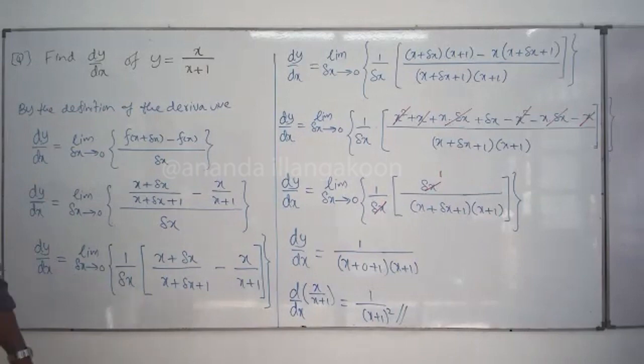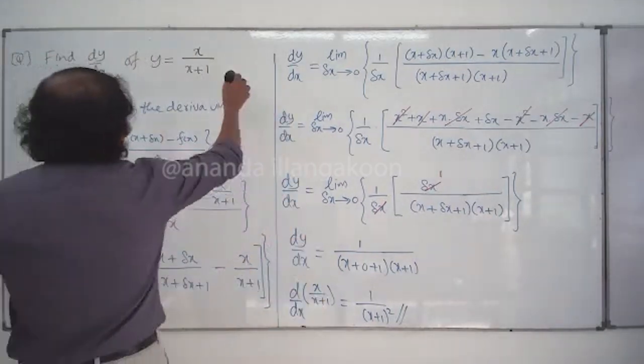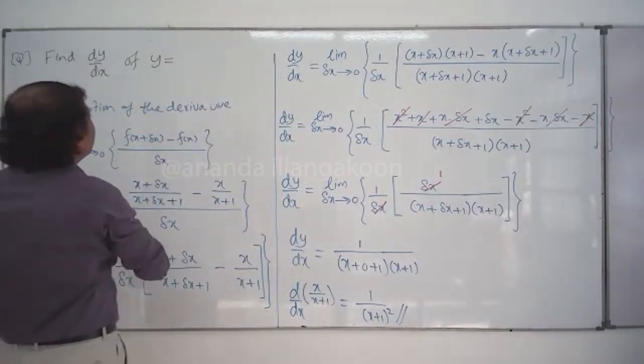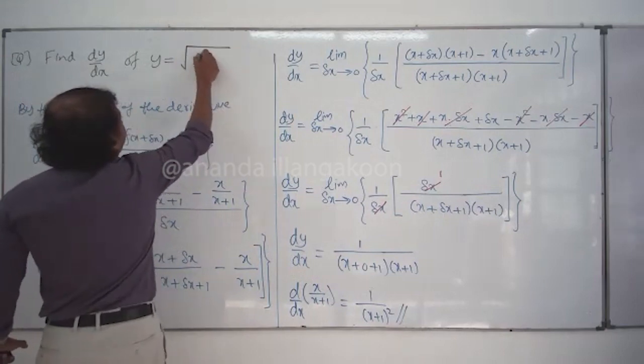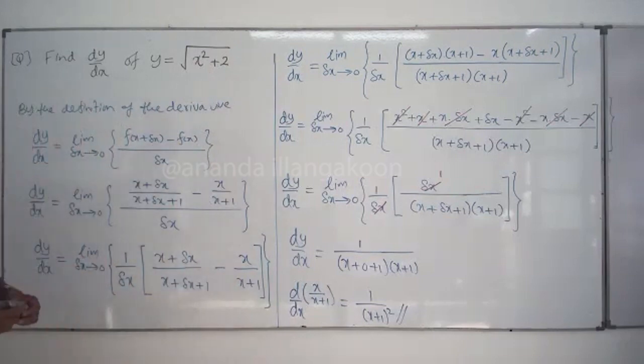Right. We come to another question. It is y equals square root of x squared plus 2. Y equals square root of x squared plus 2. Right. We will take this one.